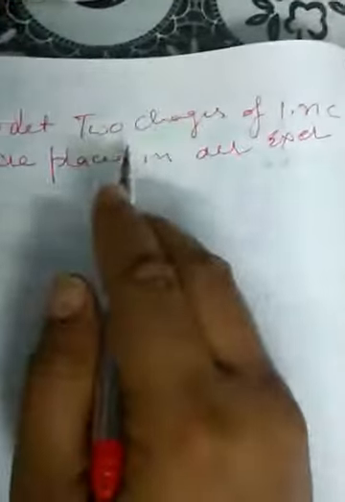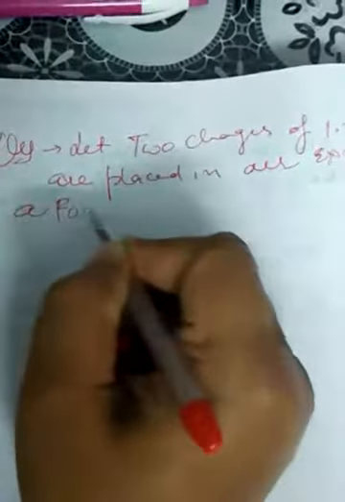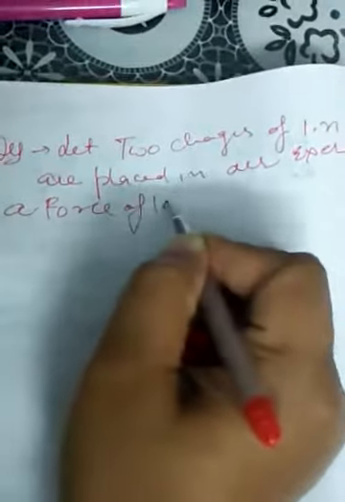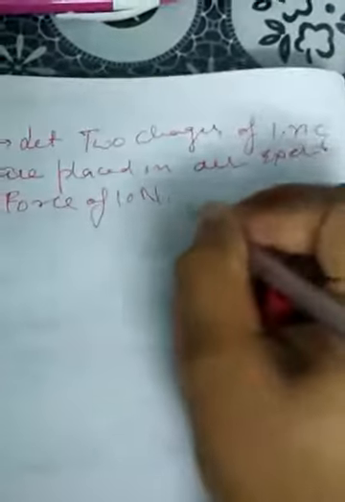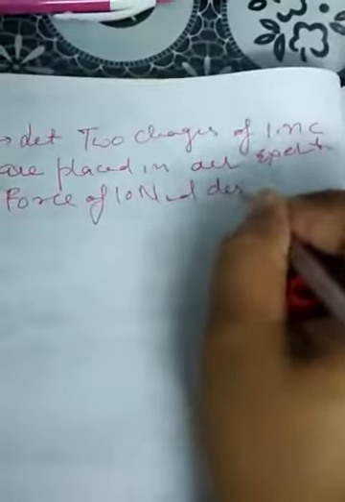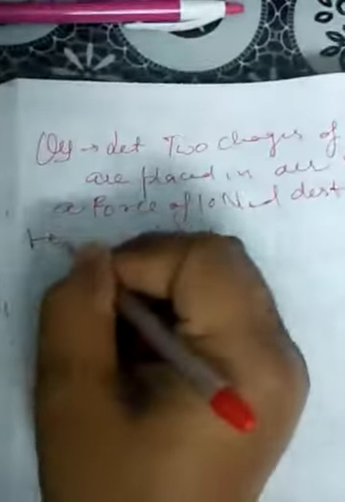Let two charges of 1 nanocoulomb each are placed in air, and exert a force of 10 Newton, and the distance between them is 3 meter.